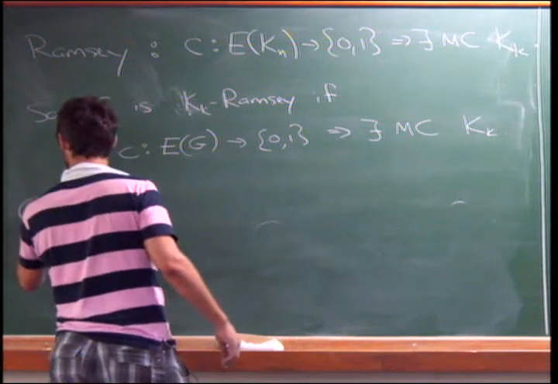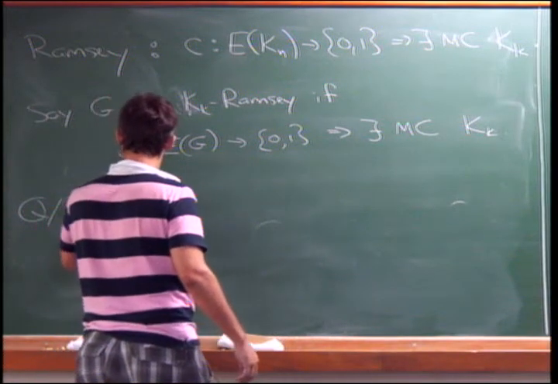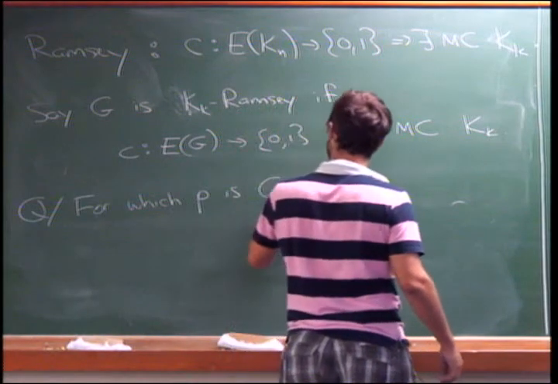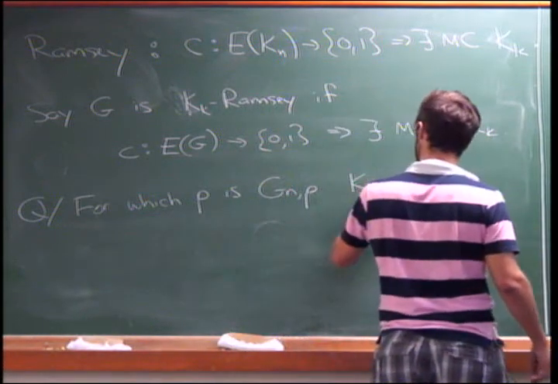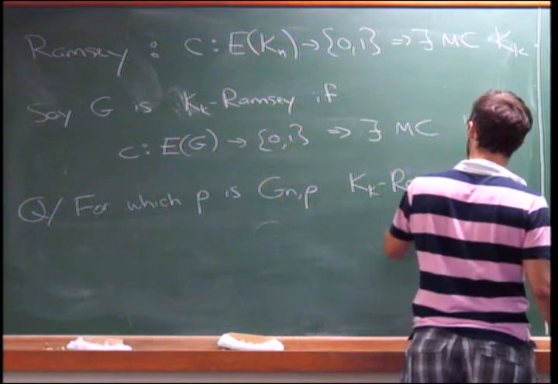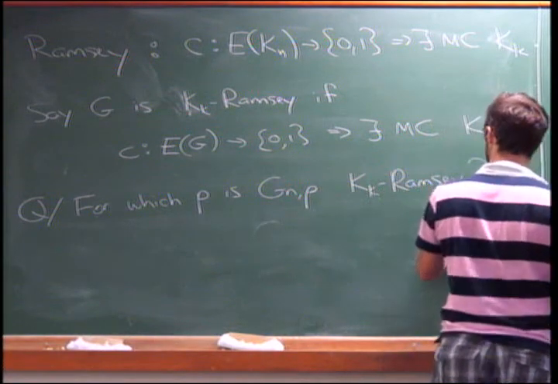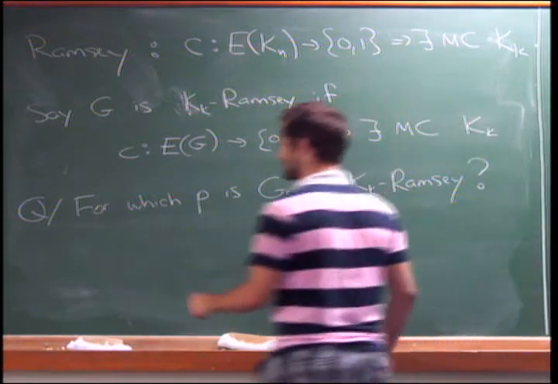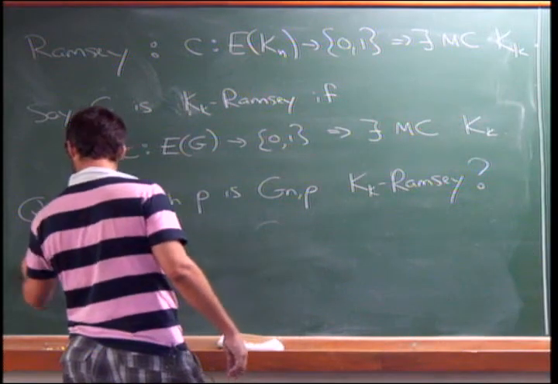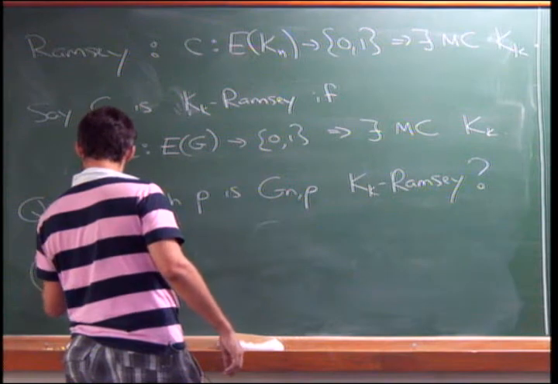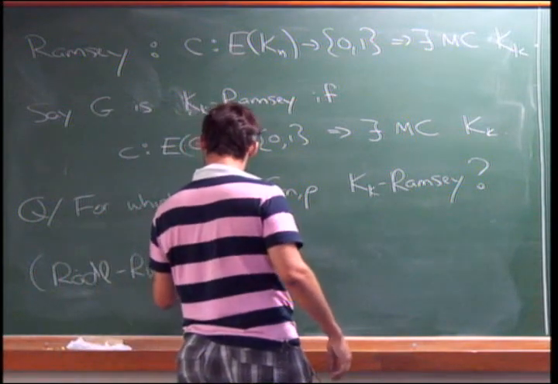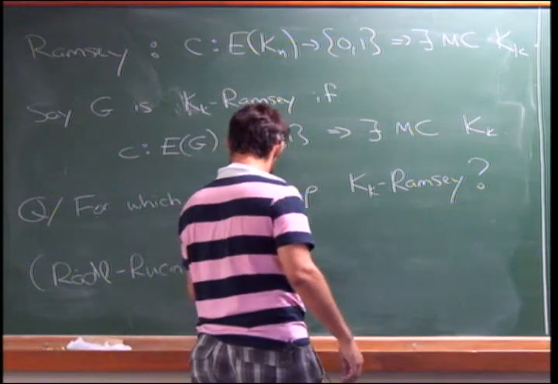The question is, for which p is G(n,p) K_k Ramsey? And a lot of these problems were solved by Rödl and Ruciński in the 90s.